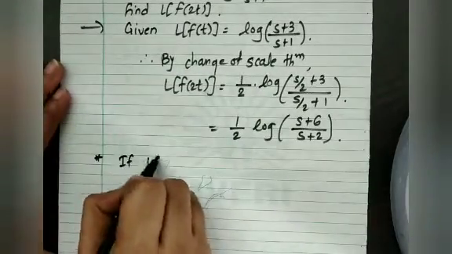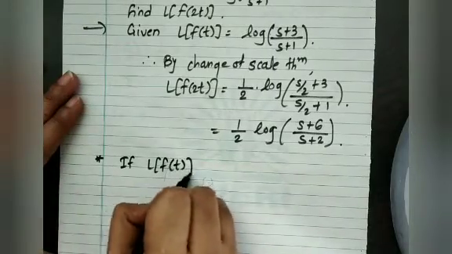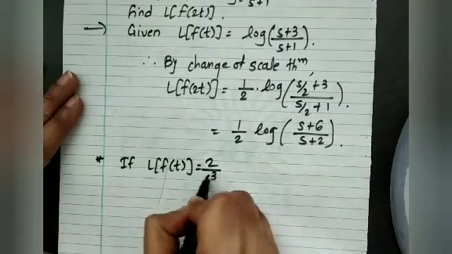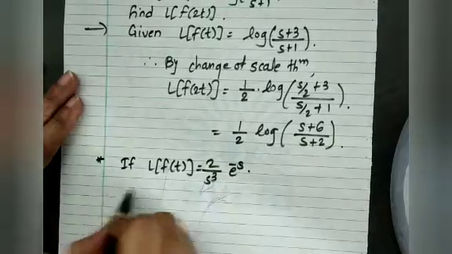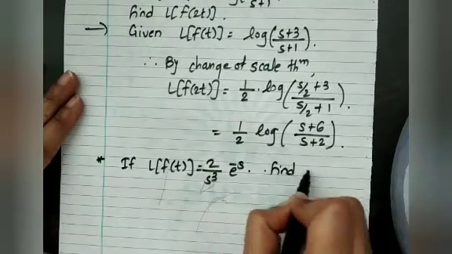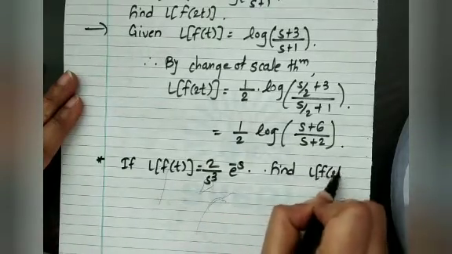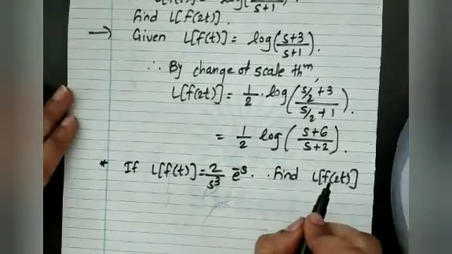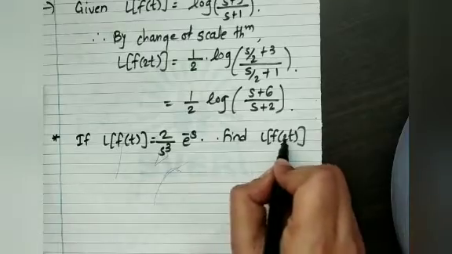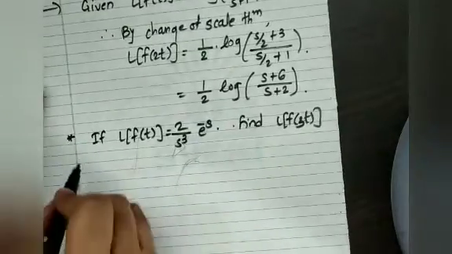If Laplace of f of t is 2 upon s cube into e raised to minus s, then find Laplace of f of 2t. Let's now take 3t, f of 3t.